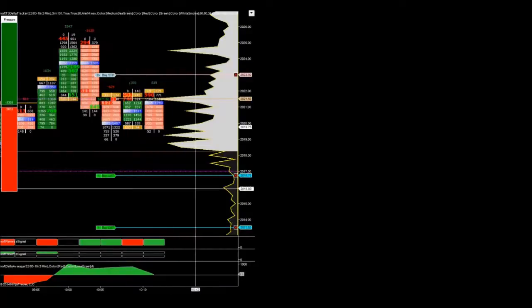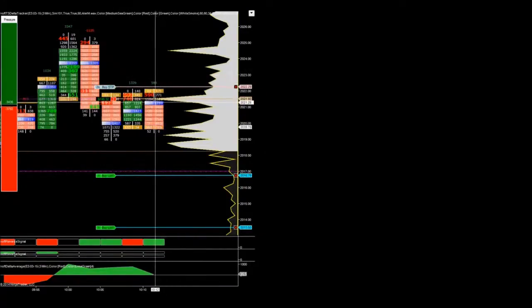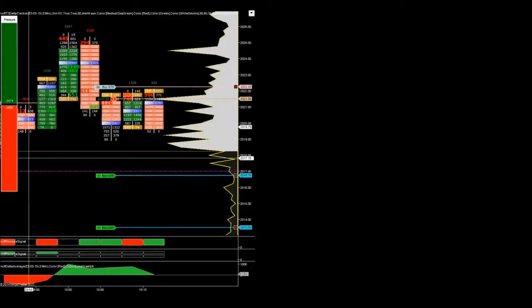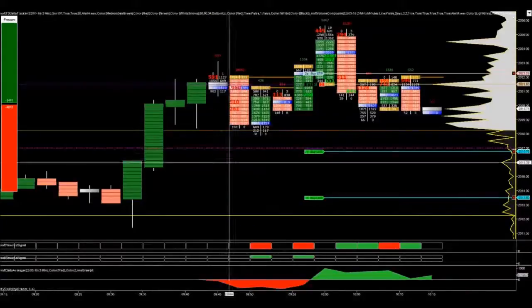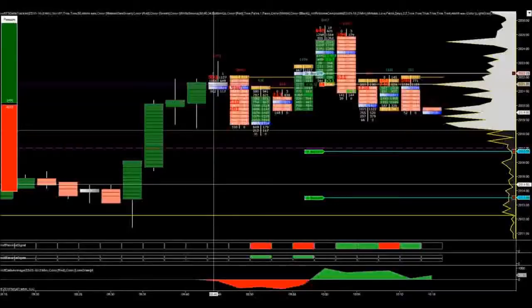You're seeing the actual number of contracts bought or sold within each bar, and you can see I've moved my stop right above another opening, another unfinished auction, as I mentioned before, where we had the gold line drawn horizontally on the chart automatically by the NOFT. So very, very small initial stop, and you can see the market, I sped the video up here a little bit, has moved down significantly in my favor.